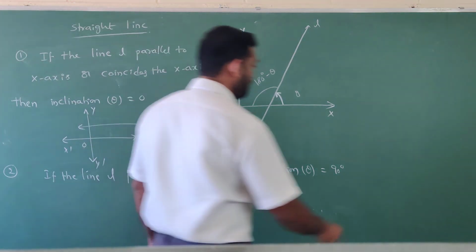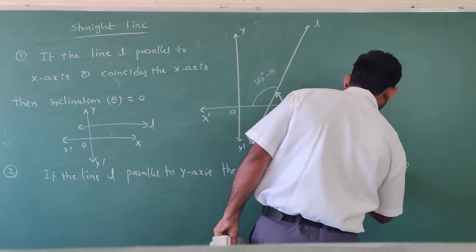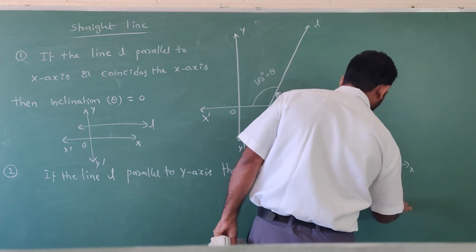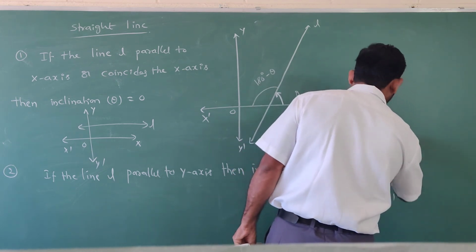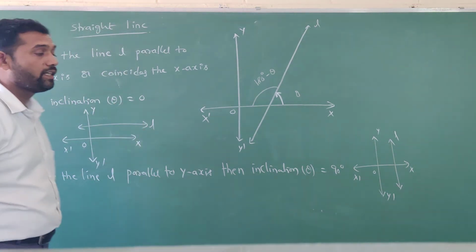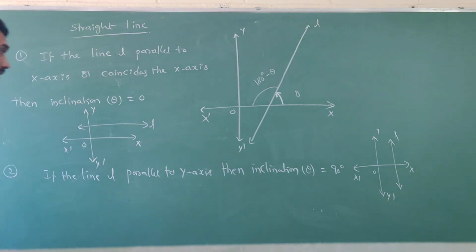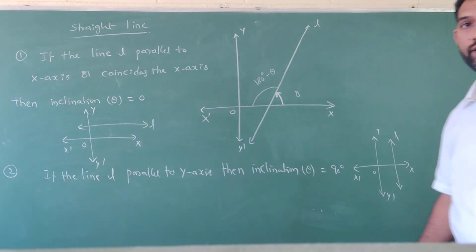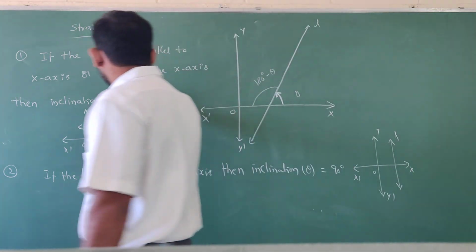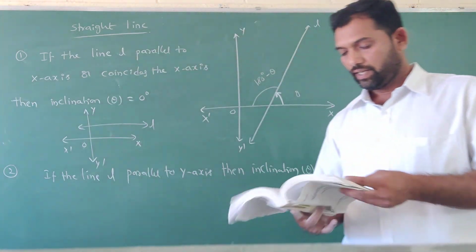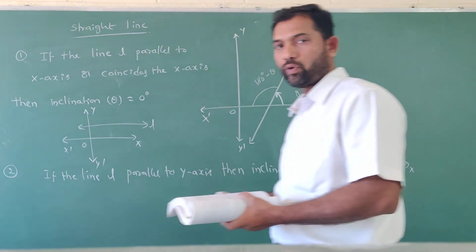So the diagram may be a line L parallel to y-axis, with inclination theta equal to 90 degrees. If it is parallel to x-axis, the inclination theta is equal to 0 degrees. Inclination means angle. Next, an important point.